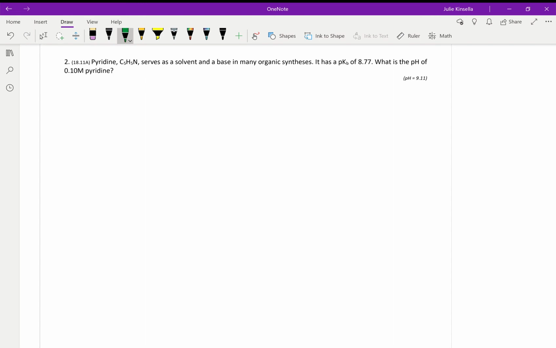sample. So I'm going to start with my reaction. So I have my C5H5N. It's going to be reacting with water. Okay, it's going to, again, the hydrogen is going to be transferred from the water to the weak base, producing our hydroxide in solution, which is going to give it its basic properties, and then our cation.